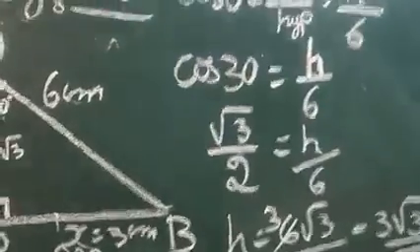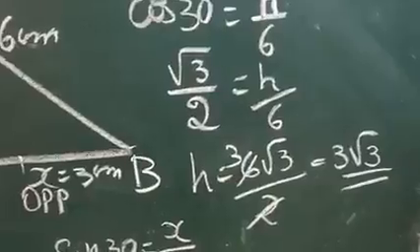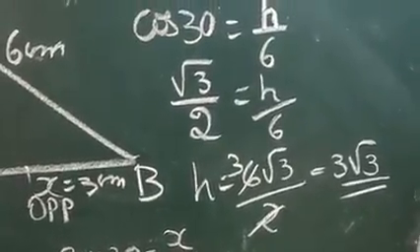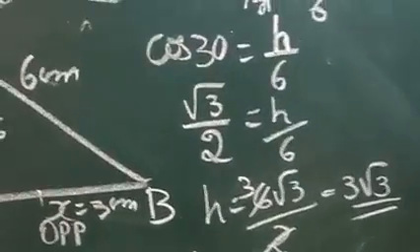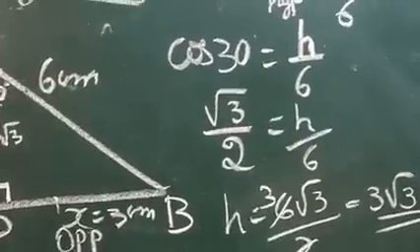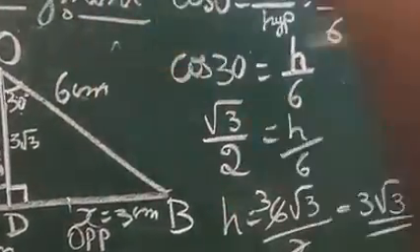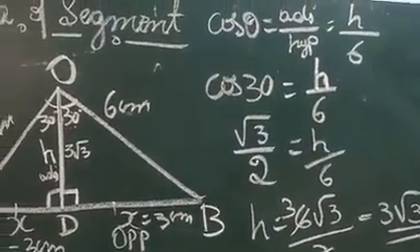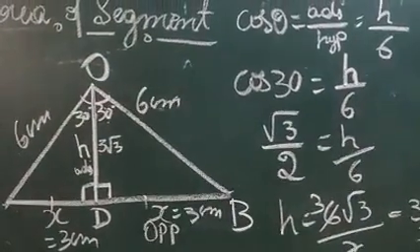From now onwards, for each and every question, these values will be given to you. And after learning the trigonometry chapter, you should learn those values. And after this class, I am going to send the table of those standard angle values. Right? Now we come to know the base and height of the triangle.